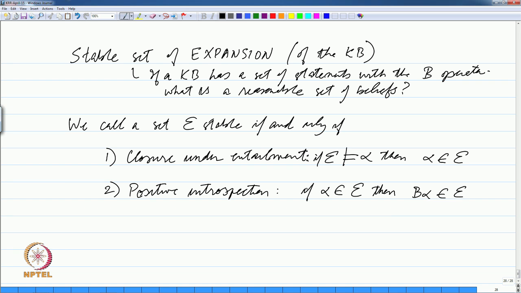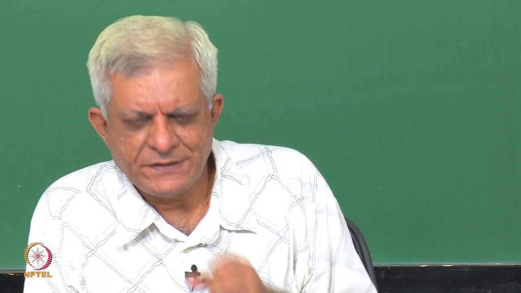This is a property of stability essentially. If your set of beliefs has a statement alpha, then B alpha must also be in your set, which also means that B B alpha should also be in the set and B B B alpha should also be in the set. So, it will carry forward indefinitely of course, but we will not work with infinite sets of formulas.